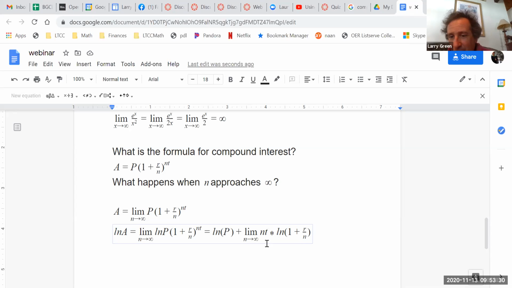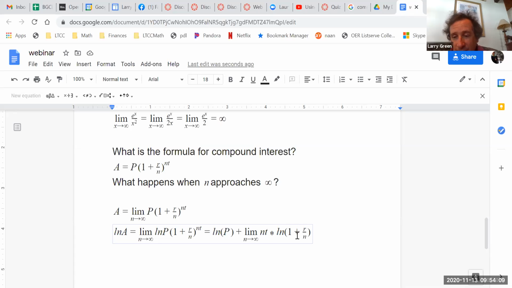So we're getting there. Now that we've done some algebra, what should we do? What do you do after you do algebra when you do limits? Plug in. So if we plug in, nt becomes infinity, times ln of 1. So what's infinity times 0?